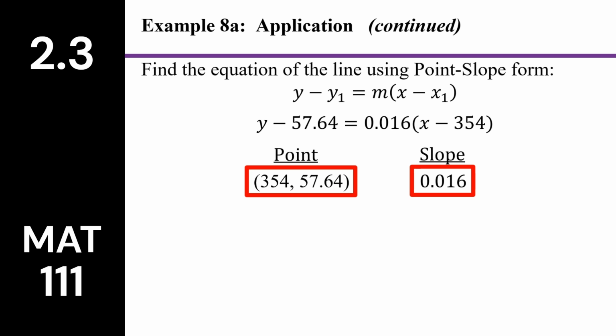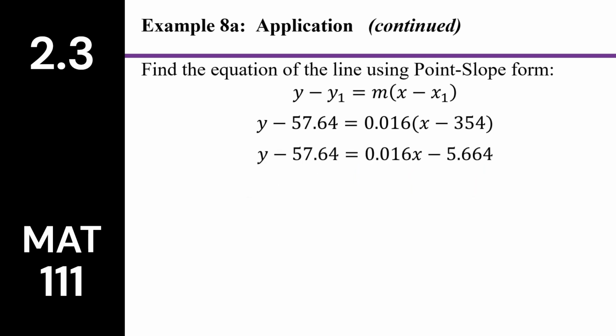We want to write this as a function, so we don't leave this in point-slope form. It said find the function, so therefore we'll have to solve this for y. So we'll distribute this slope to the x, and then we'll multiply this times the 354. We get 5.664. Then we add 57.64. We get 51.976, and this is our b.